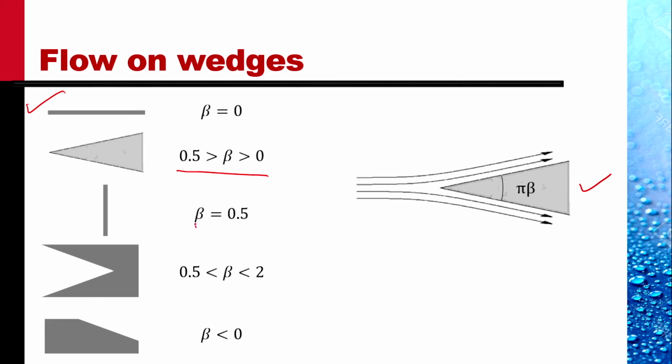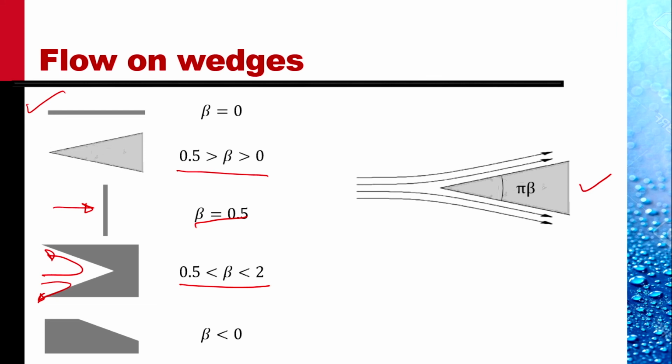This is for beta equal to 0.5. This is the case when the flow is against a flat plate. For the value of beta between 0.5 and 2, the flow reverses in this.